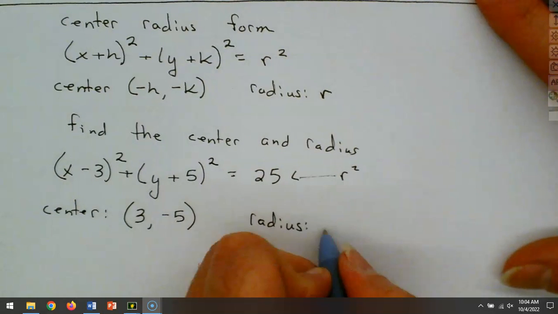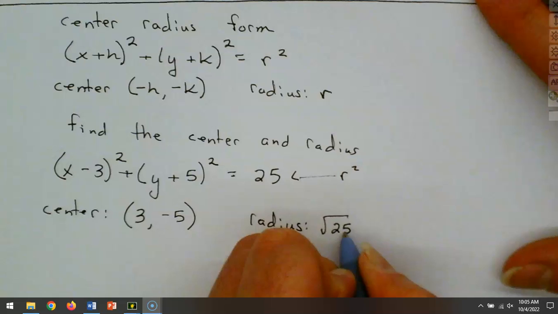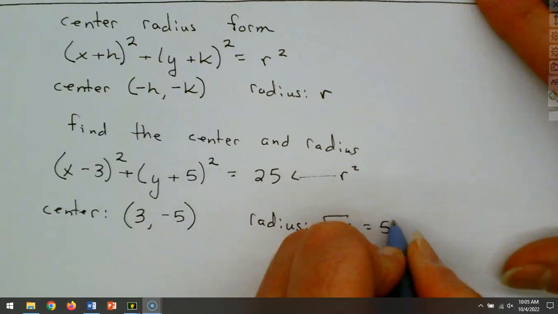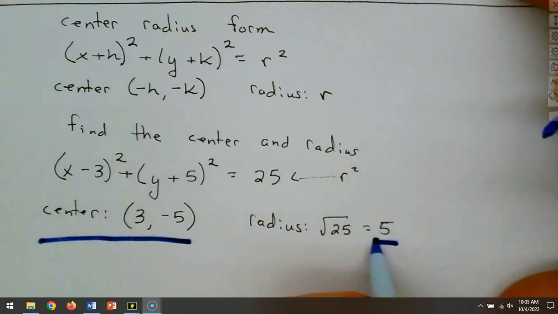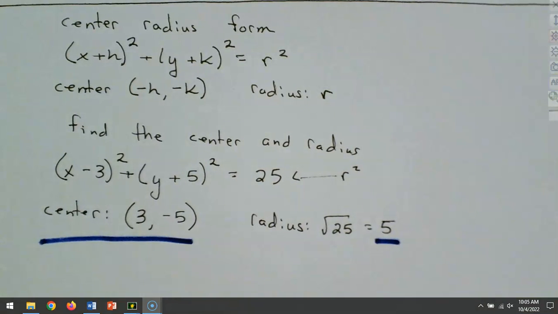Your radius is the square root of 25, which is then a 5. So there's your center and your radius. So don't forget that the right-hand side is squared, so you have to take your square root. So we have a center at 3, negative 5. Switch our signs. And the radius in this case is going to be 5.